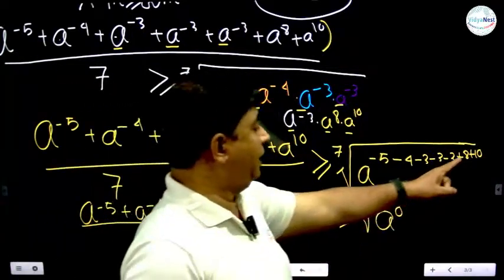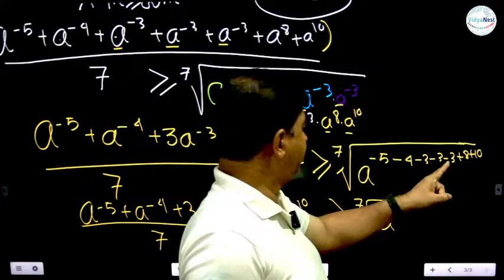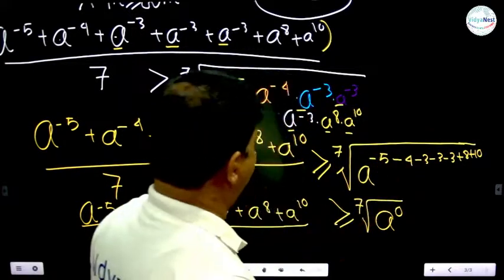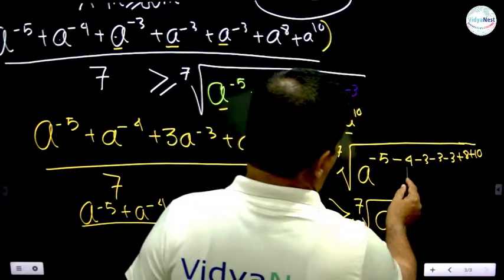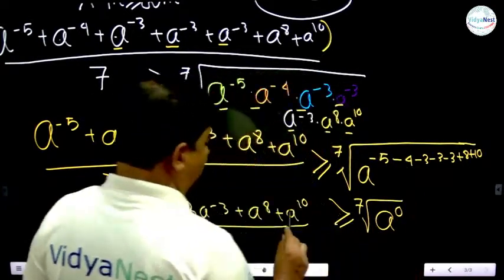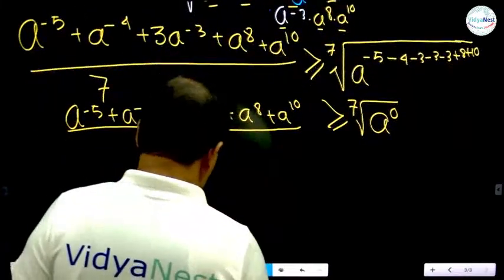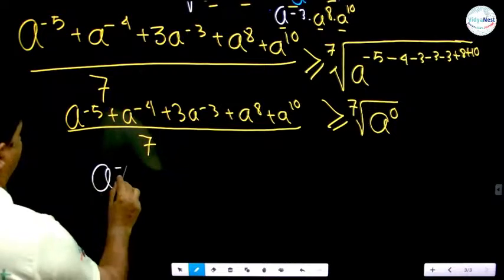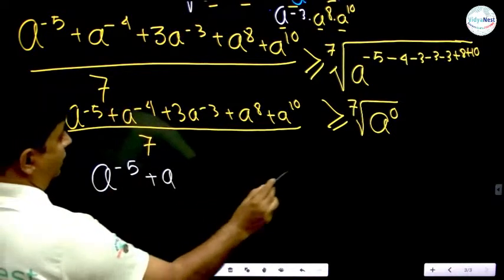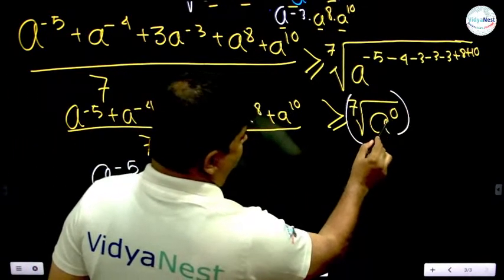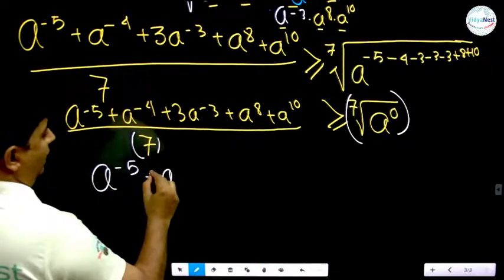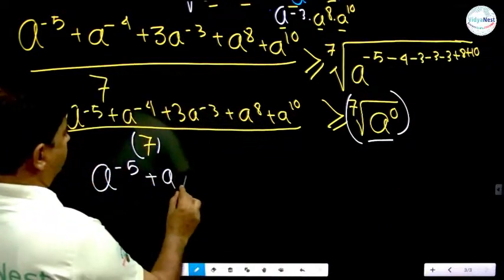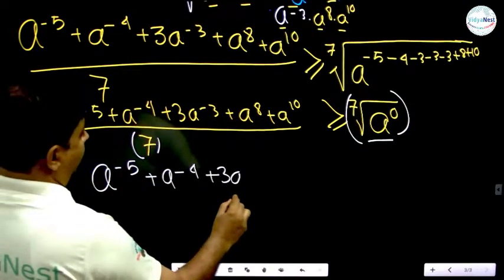Just observe: base same, powers different. The exponents minus 5, minus 4, minus 9, then plus 8 plus 10 minus 18, so a to the power 0, which is nothing but 1. Therefore the a terms cancel out, a to the power 0 is 1, and the 7 has to be cross multiplied with that value. Okay, sir.